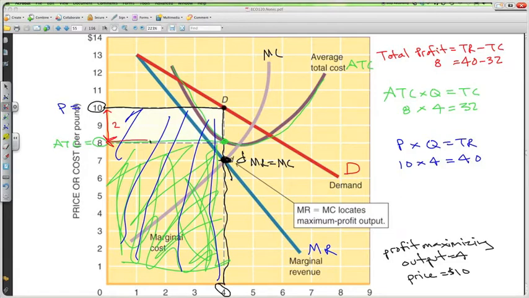This distance is 4. 2 times 4 gives us the value of this box right here. I'm doodling in red, which is 8. Right? 2 times 4 equals 8. So it tells us this red box here, this tells us our total profit for the monopoly.